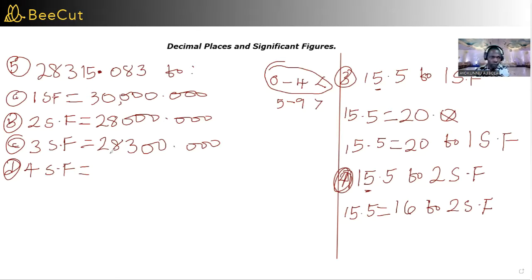No, that is not it. Look at it. You are correct when you said the 4th figure is 1. But which figure is next to 1 there? 5. So what am I supposed to do to the 1? I'll change it to 2. Why am I changing it to 2?